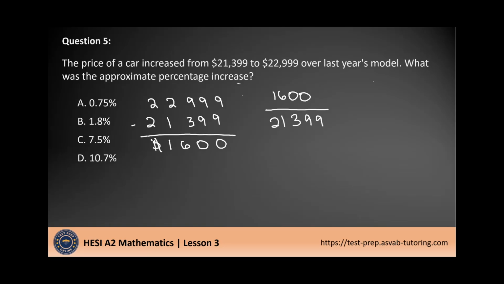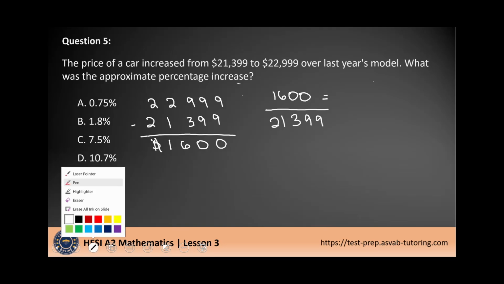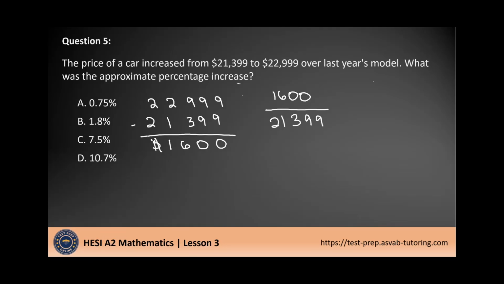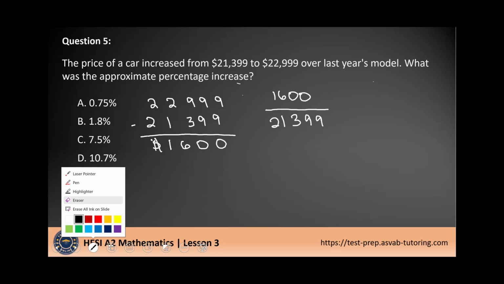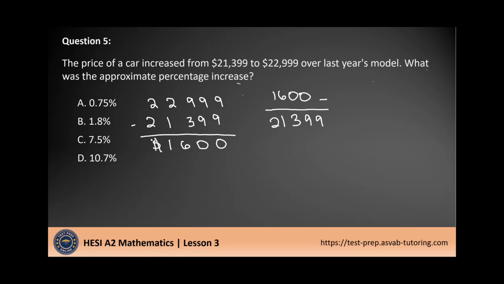Okay, let's make this a little bit easier on ourselves by getting rid of those zeros. We will divide the numerator and the denominator by 100, giving us 16 over 213.99.